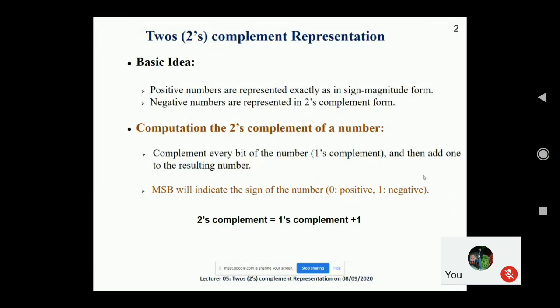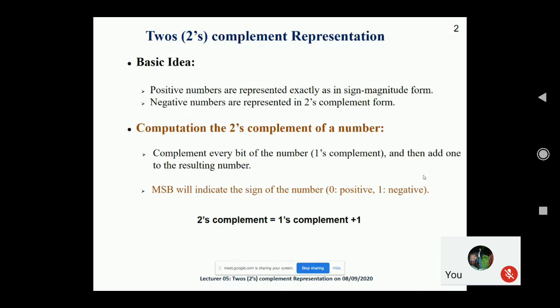We have already discussed what sign magnitude form is. So there is no need to do anything about positive numbers when applying two's complement. That means it is similar to sign magnitude form. But the main role of two's complement is that when negative numbers occur, they are represented in two's complement form. That is our main task actually. We are dealing with the negative numbers.